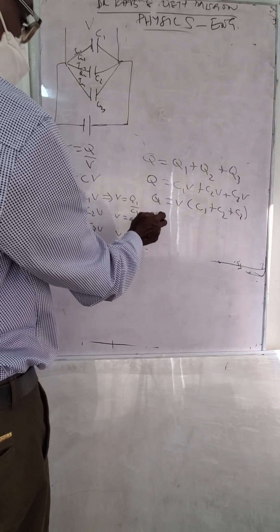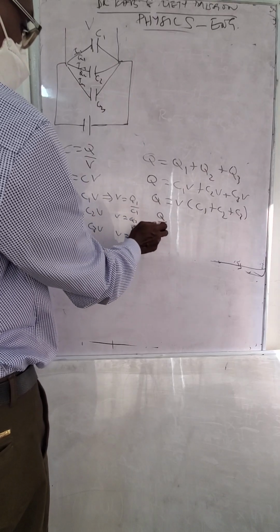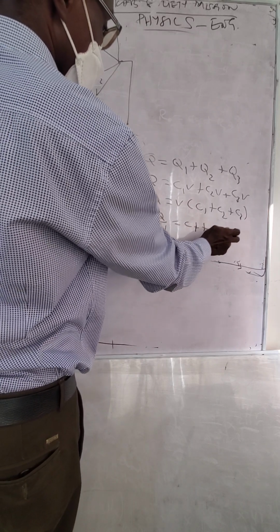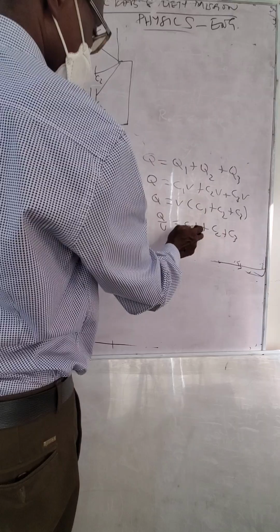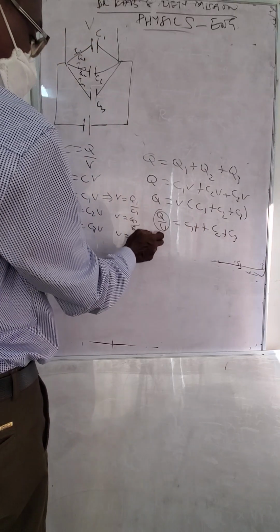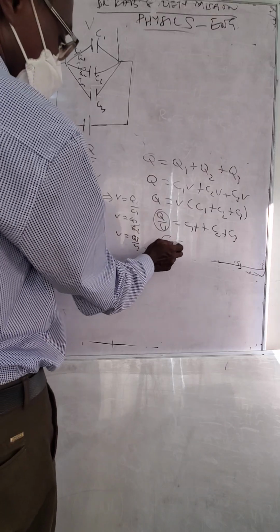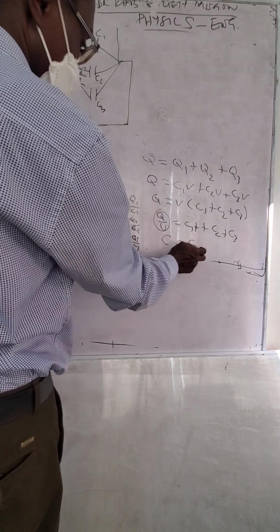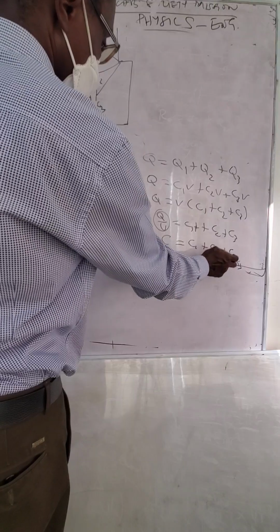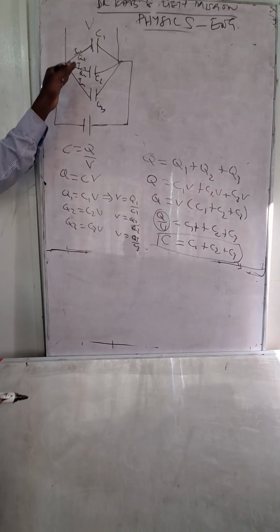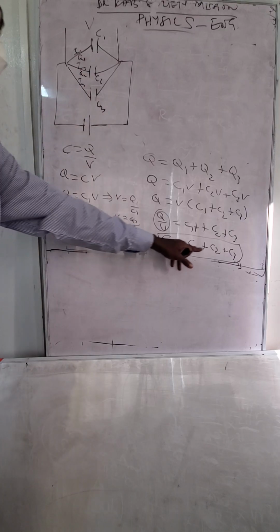Now let V come this way, then you are going to have Q over V is equal to C1 plus C2 plus C3, okay? Now what is this ratio? This ratio is C. So the resultant C is equal to C1 plus C2 plus C3. So this is why, in parallel, capacitance is this.